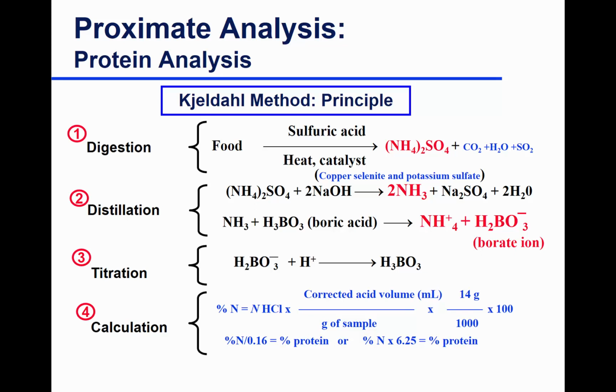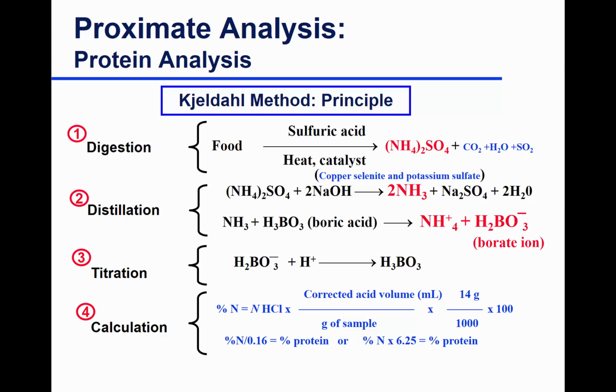And so once we neutralize, that means when we bring back the boric acid and the color changes back to pink, because now we're back to acid, at that point, number of moles we used of acid is equivalent to the number of moles of ammonia present in the sample, because we have 1-to-1 ratio ammonium ion to borate ion, and 1-to-1 molar ratio of hydrogen from the acid to the borate.